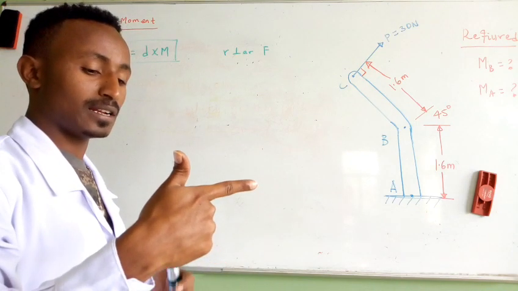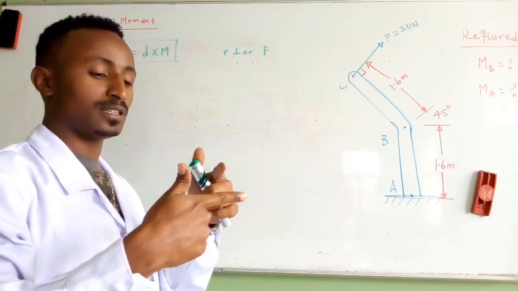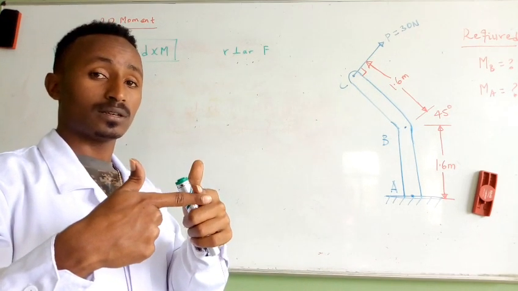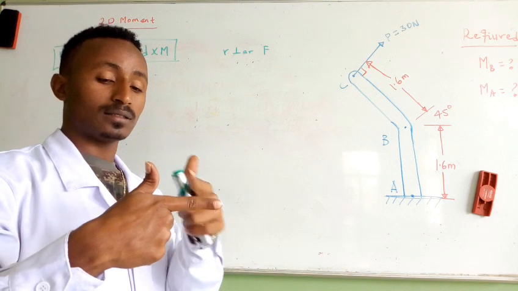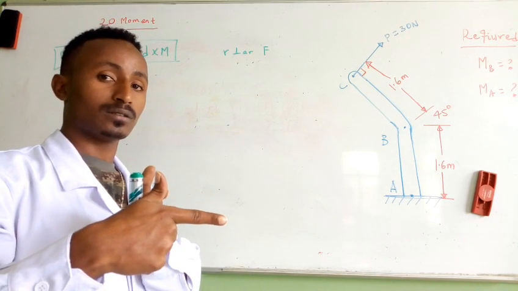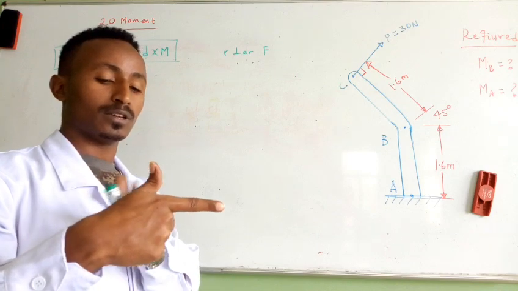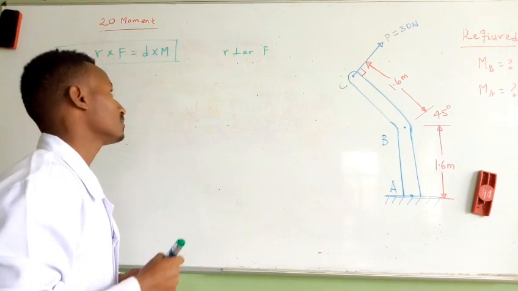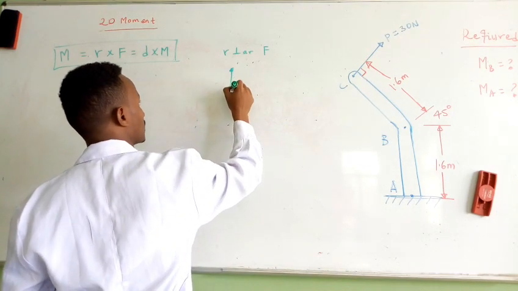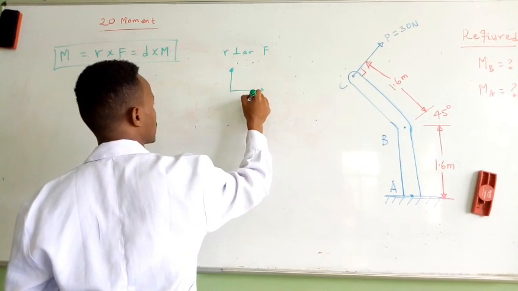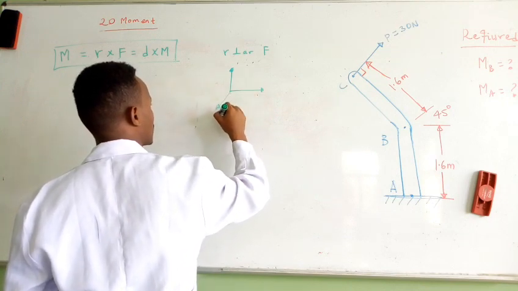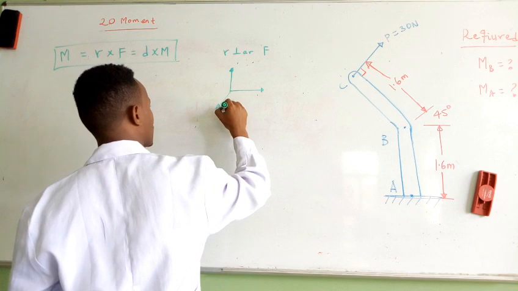If this is the direction of force and this is the direction of the perpendicular distance, the direction of moment becomes this one, the upward direction. By using the right hand rule, we can determine the direction of moment.